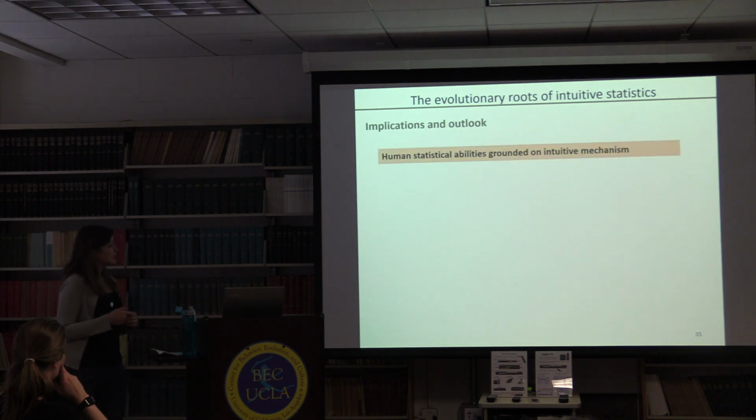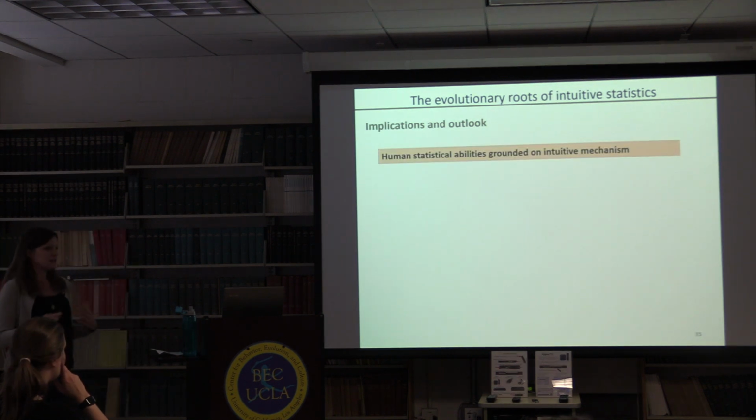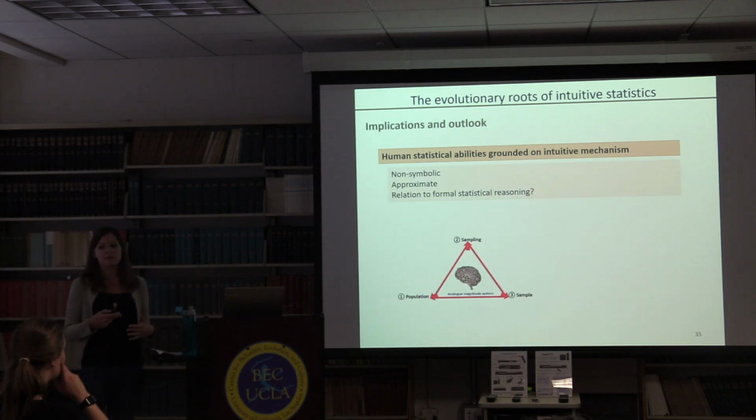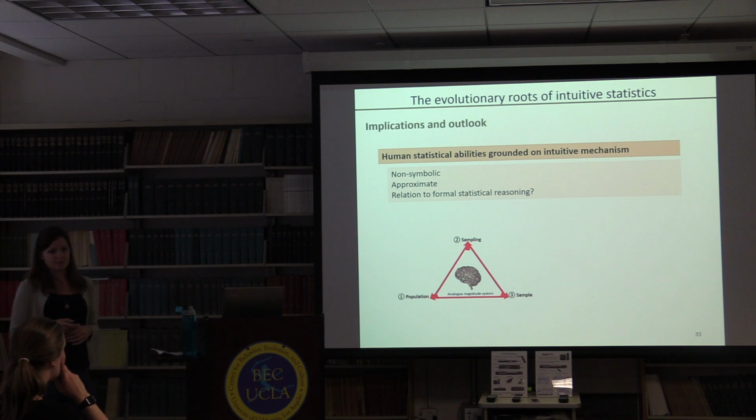And then a last implication of my findings is that together with the findings on human infants, they clearly suggest that statistical reasoning is something that is deeply rooted in the human mind in the form of a non-symbolic approximate mechanism. And you have seen that the signatures of this mechanism follow Weber's Law, so the output is really not exact but only approximate.